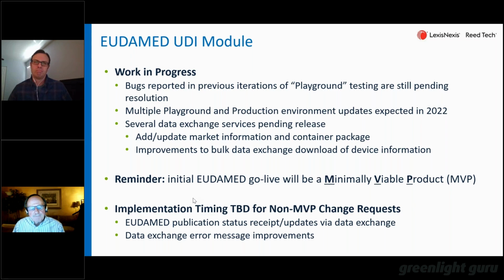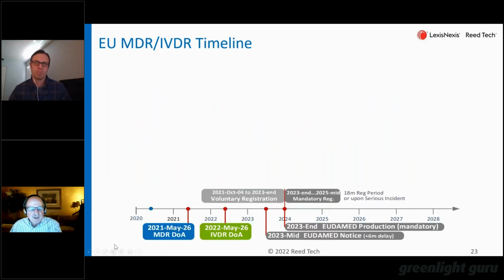So, all right. We now have covered some of the schedule and the timing of the modules as they're rolled out. But we get a lot of questions about what that actually means for my products as they're being placed on the market. So as a little bit of a platform here, this timeline picks up where we just left off, where these two dates of application are in play.